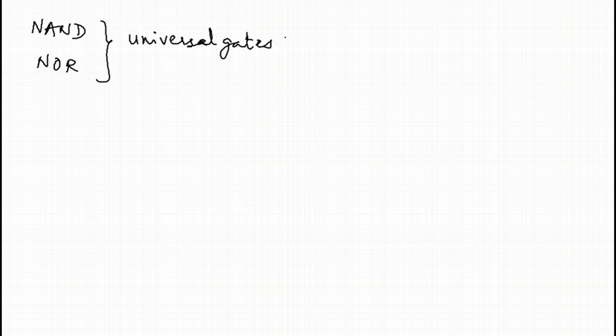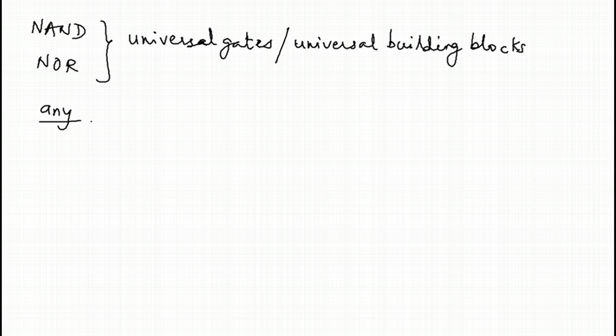Now these two last gates which we have just talked about, namely the NAND gate and the NOR gate, these two gates are called universal gates, and they are also called universal building blocks. And the reason is, any logical function, howsoever complicated it is, can always be constructed using only one of these two types of gates.